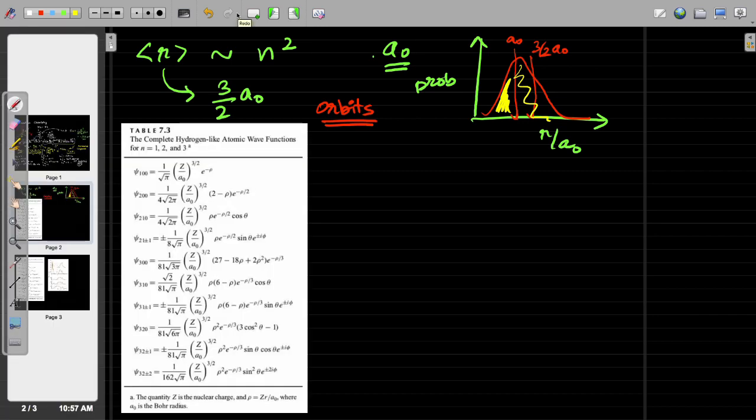So these are the solutions that end up coming for the hydrogen atom. Okay, and as we see the wave functions of the hydrogen atom, we are able to appreciate a few facts here.